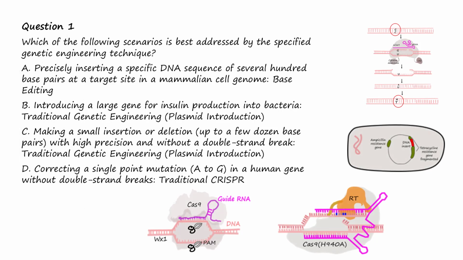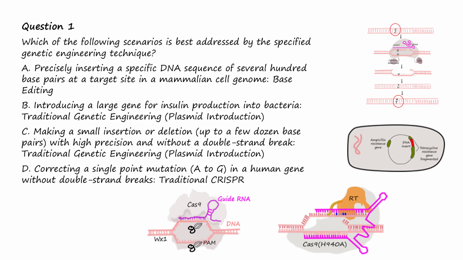Question 1. Which of the following scenarios is best addressed by the specified genetic engineering technique? A. Precisely inserting a specific DNA sequence of several hundred base pairs at a target site in a mammalian cell genome, base editing. B. Introducing a large gene for insulin production into bacteria, traditional genetic engineering using plasmid introduction.